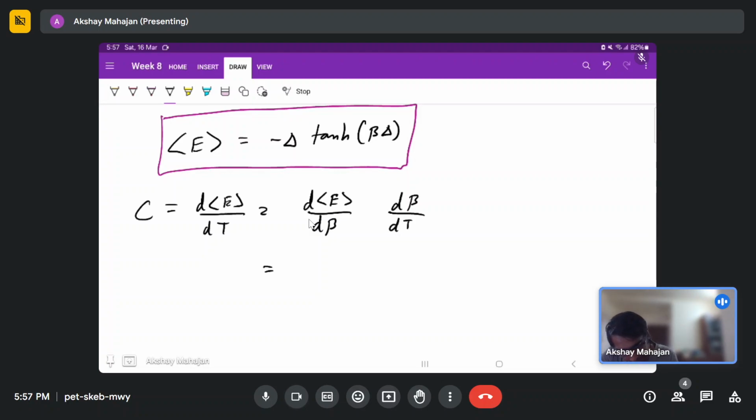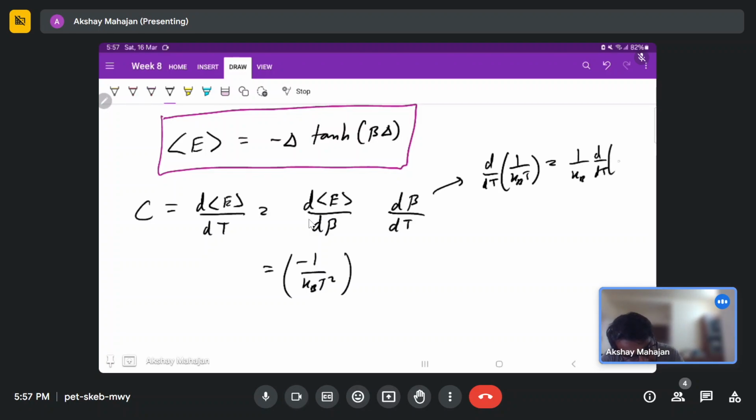So that is 1 by kB times d by dT of 1 by T, which equals minus 1 by kB T square. Alright, so this is a simple differentiation.